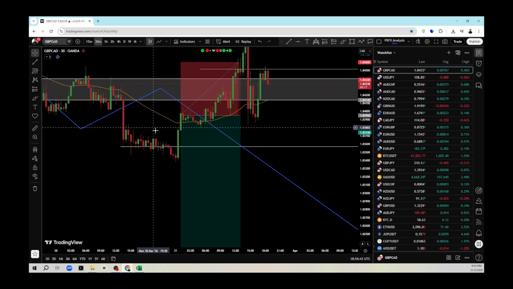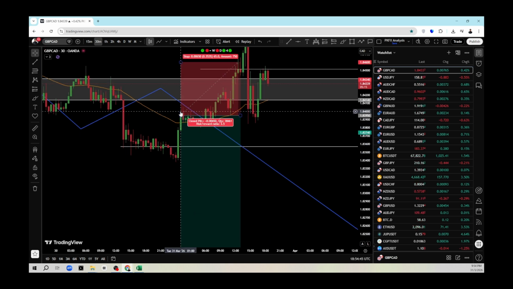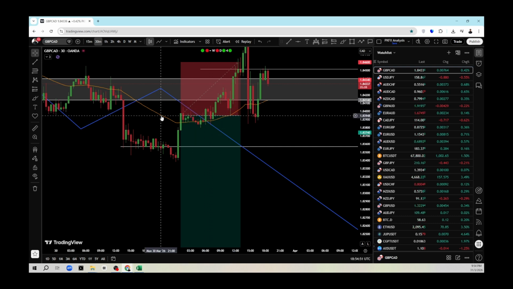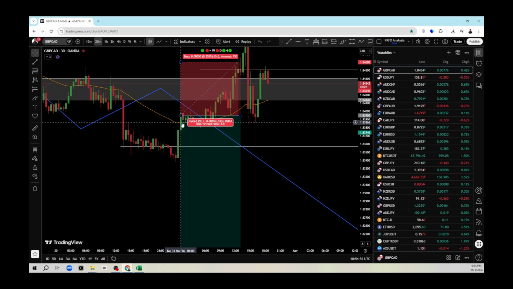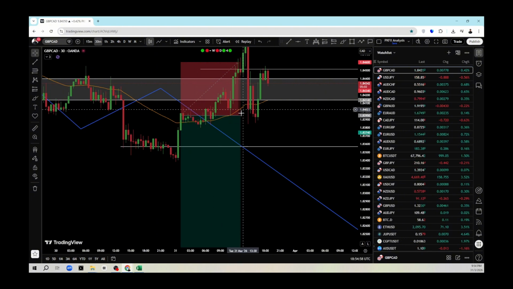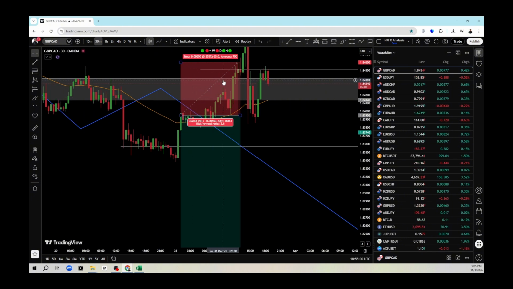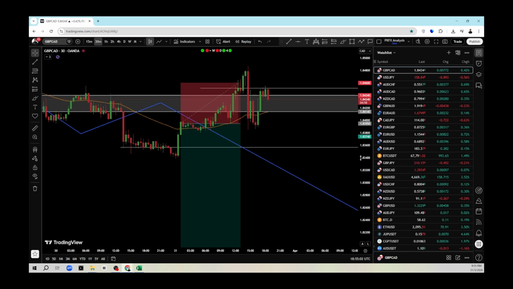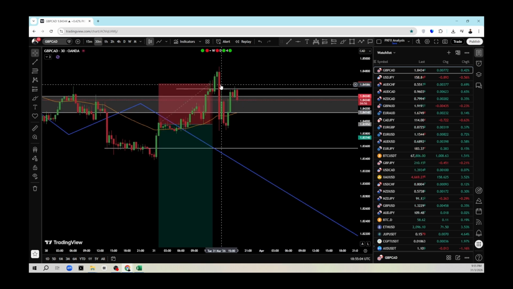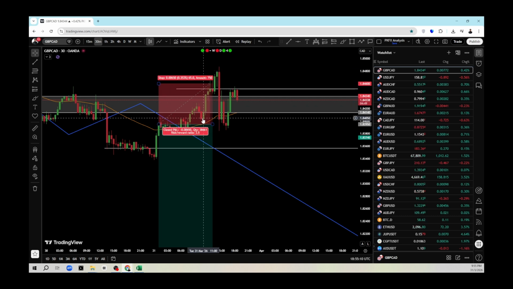But unfortunately, as you can see, this particular pullback was actually a very strong pullback, and the momentum actually continued running upwards. It shifted the 30 minutes EMA from a resistance into a support, as you can see, right? And eventually it rallied pretty much to hit the stop loss as well. Now, the market did reverse back again. As you can see, this was the previous higher high and this was the higher low.